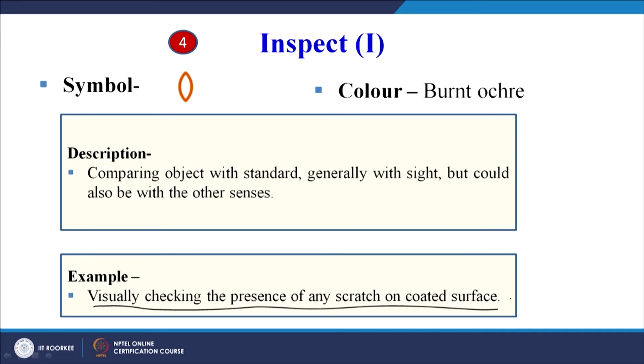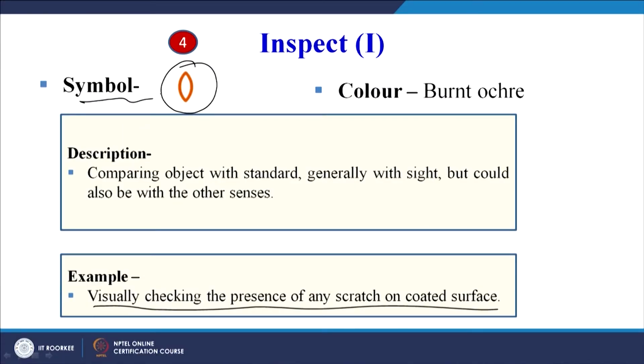If you have painted a surface, you can check whether the painted surface is okay, whether the painting is uniform, or whether there are some abrasions or problems or non-uniform distribution of the paint. All that can be observed using your visual perception. If you are doing that, it will be called inspection.